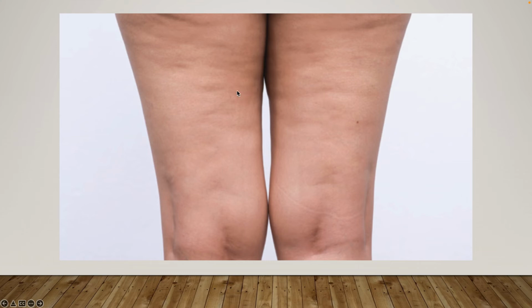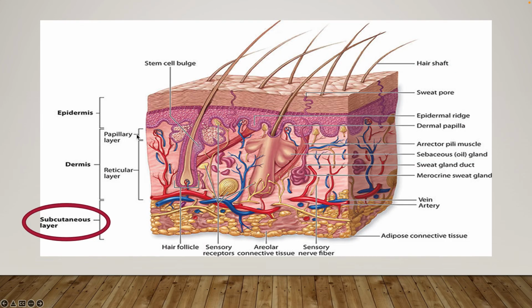And then there are cosmetic procedures, things like liposuction, in which the subcutaneous layer, the superficial fascia, all of this fat and adipose tissue can be evacuated and sucked out via vacuum to reduce this cellulite appearance. Here you can see the subcutaneous layer beneath our dermis. And again, remember, it is composed primarily of adipose tissue, which is a type of loose connective tissue, and it is not a layer of our skin.